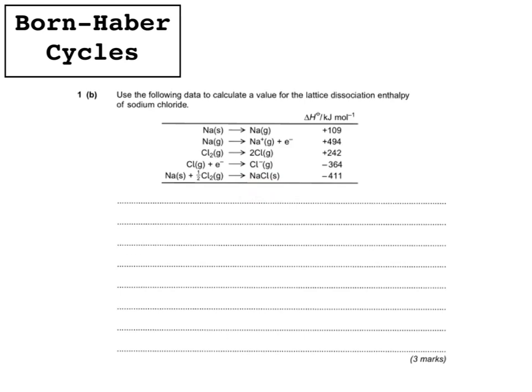So what you want is to go from sodium chloride, NaCl, to Na plus Cl minus. So we've got to think about how we're going to get around to that. So the first step we can do is we've got an equation that shows the formation of NaCl.